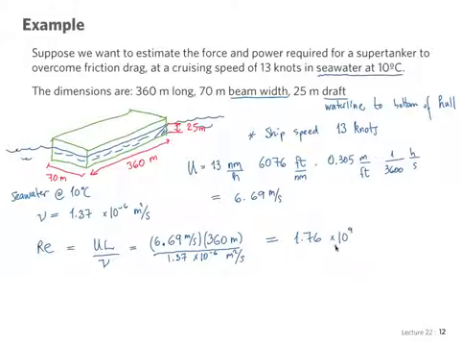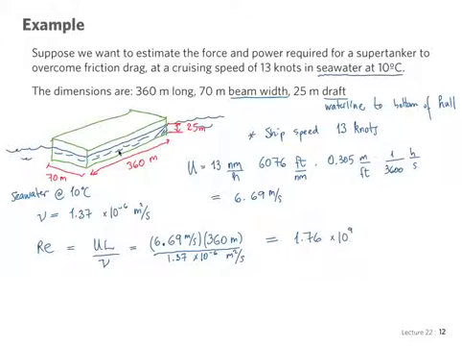So for lack of a better thing to do, we're going to use the result for a boundary layer on a flat plate, and we're just going to say, okay, what are the flat plates that are subject to this drag? Obviously, the bottom is a flat plate that is dragging against the seawater, but we also have the two sides. Obviously, there are other things that we are ignoring as well in this calculation.